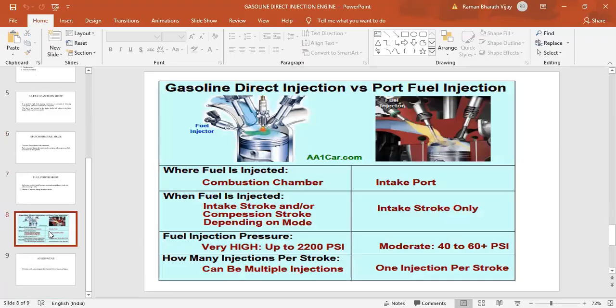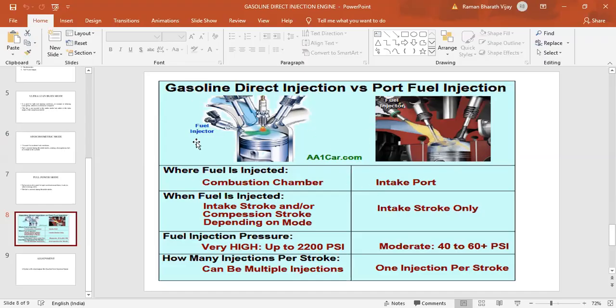At last, we will arrive at the difference between gasoline direct injection and port fuel injection. There is a diagram explaining gasoline direct injection. You see here, there is a fuel injector placed directly in the combustion chamber, whereas in port fuel injection the injector is not placed directly in the combustion chamber; the air-fuel mixture is obtained and then goes inside the combustion chamber. This is the difference.